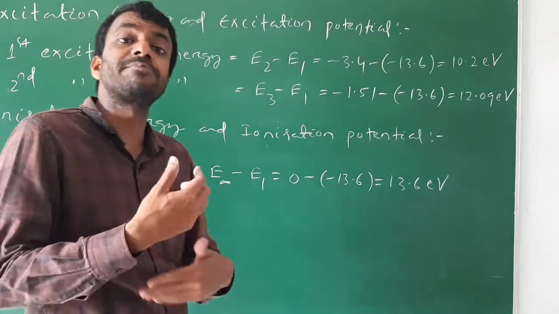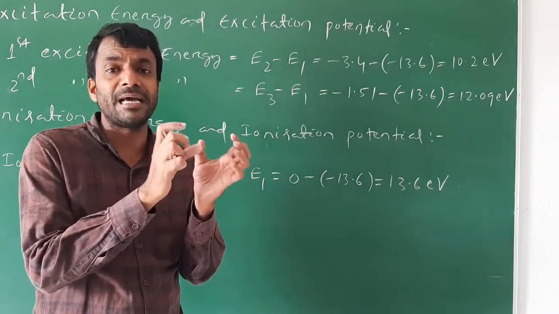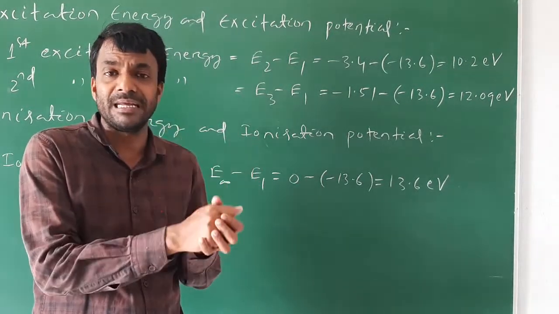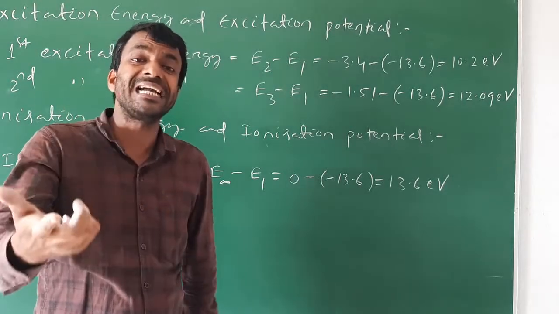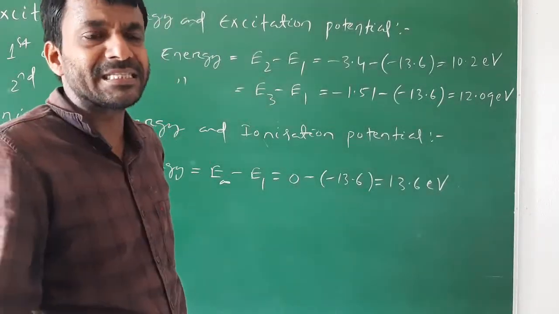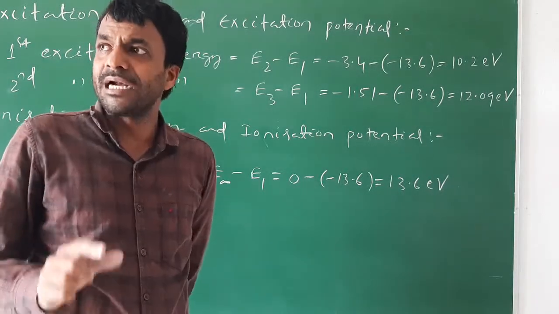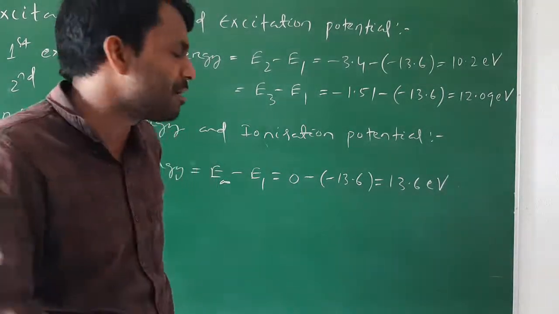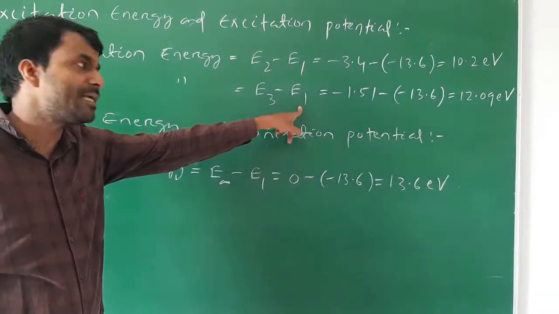Similarly, what is the value of the second excitation energy? The amount of energy absorbed by an electron when it jumps from the ground state to the second excited state. Second excited state means n is equal to 3. Means what is the amount of energy absorbed? That is E3 minus E1. What is the value of E3?